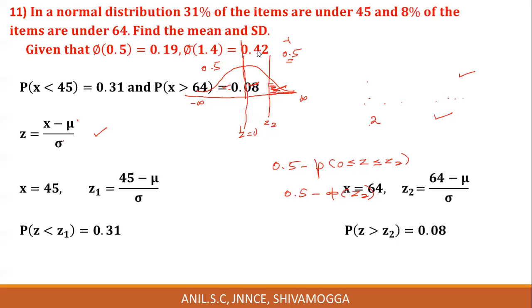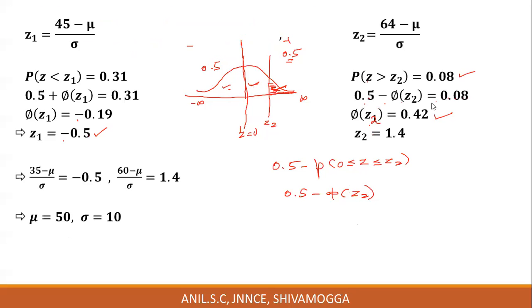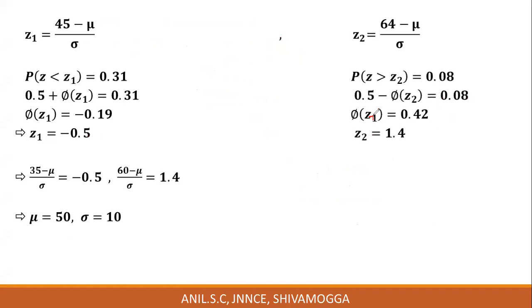When probability is equal to 0.42, the corresponding Z is 1.4. It is given. Therefore, Z2 is equal to 1.4. Now substitute into this equation.